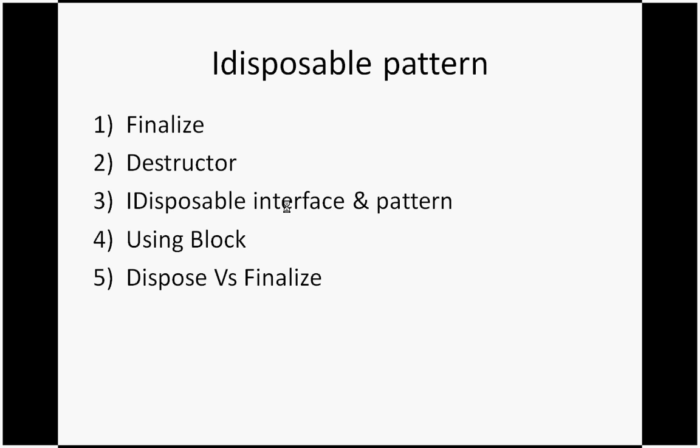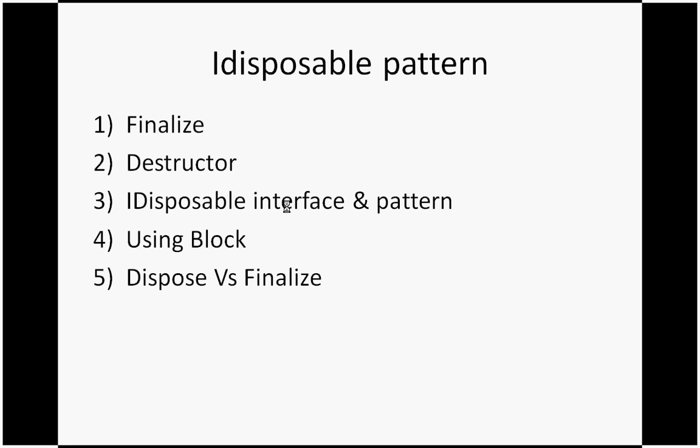The cleanup and releasing of unmanaged resources we do in the finalize method. We implement the finalize method in the C# class to release the unmanaged resources. Remember, if your class is not using any unmanaged resources, forget about finalize. If your class is using them, then start implementing finalize.